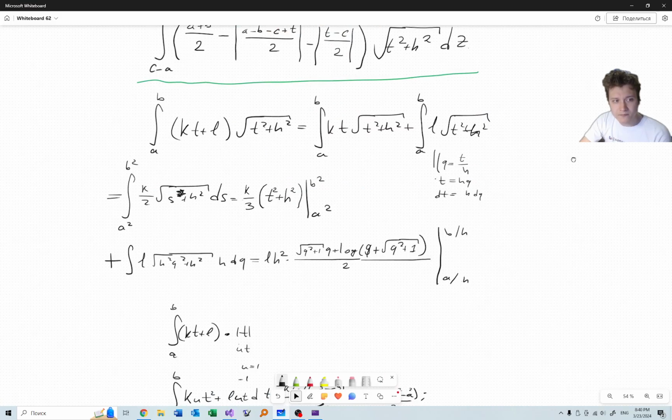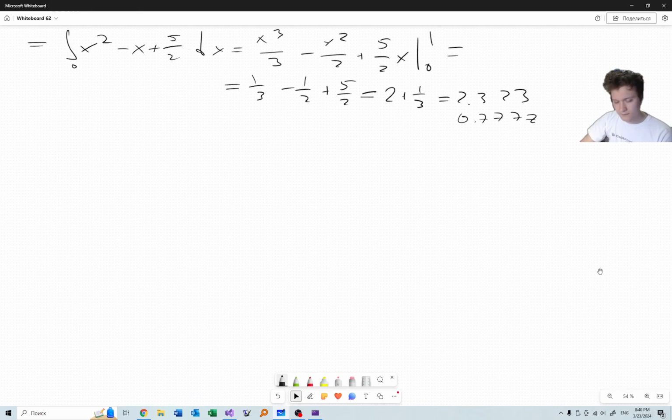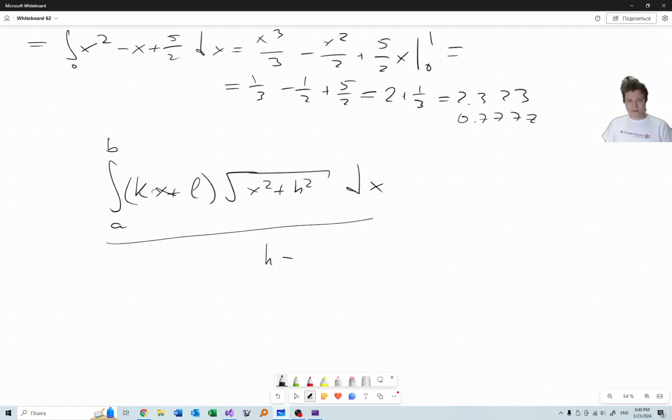So I have a problem with this integral when h equals 0. It becomes from a to b kx plus l times modulus of x dx.